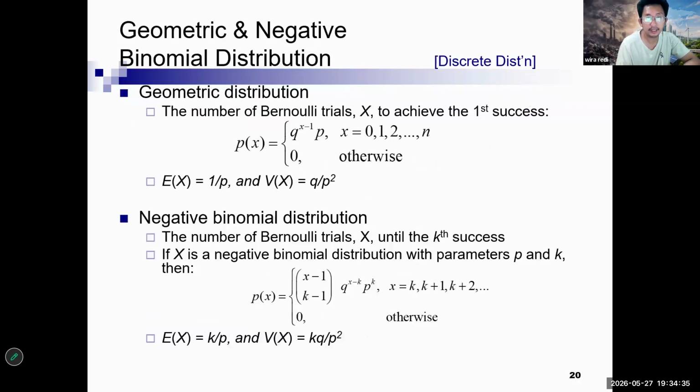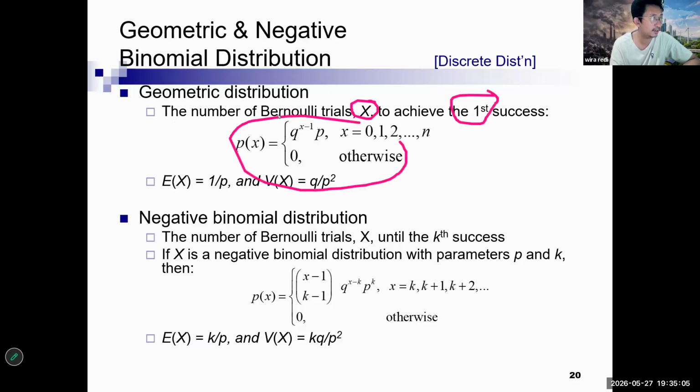For geometric and negative binomial distributions: the geometric distribution is used to model the number of trials required to get the first success. Again the same example of a coin toss: what is the number of trials for a coin toss to achieve the first tail?